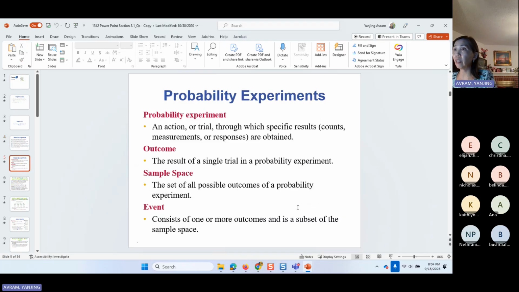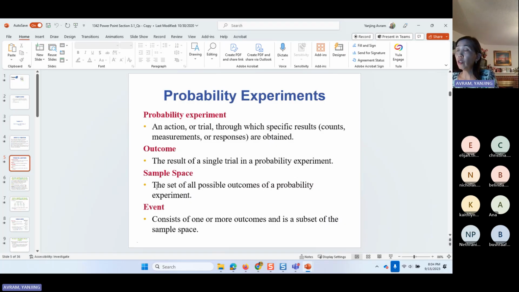A probability experiment is an action or trial through which specific results are attained. The result can be through measurement, response, or you count them. The result of a single trial in a probability experiment is called the outcome.